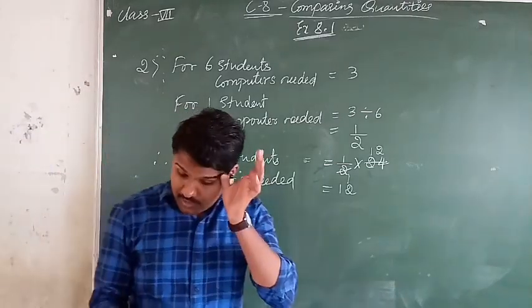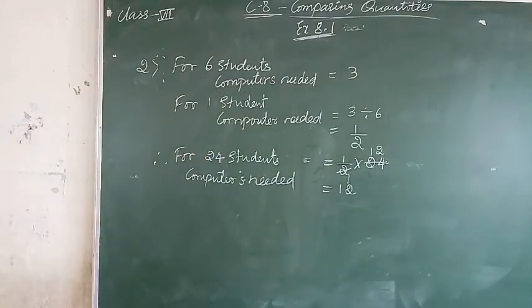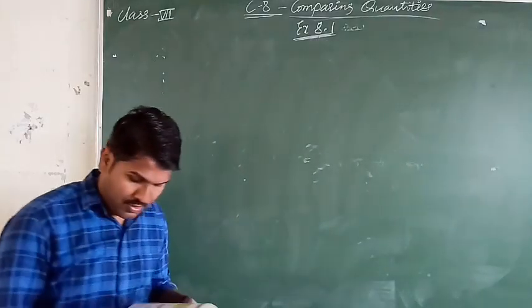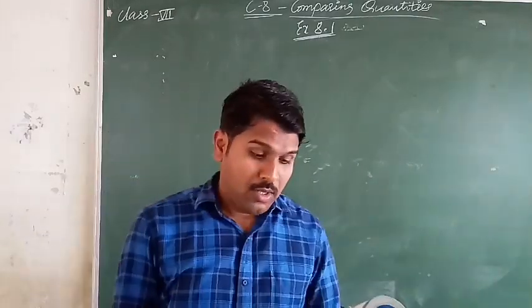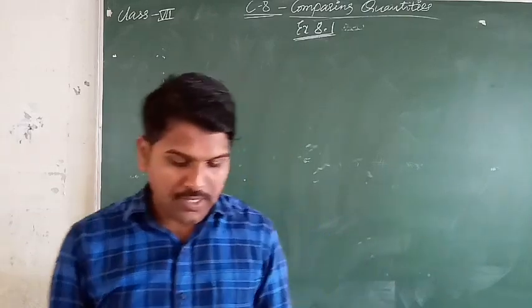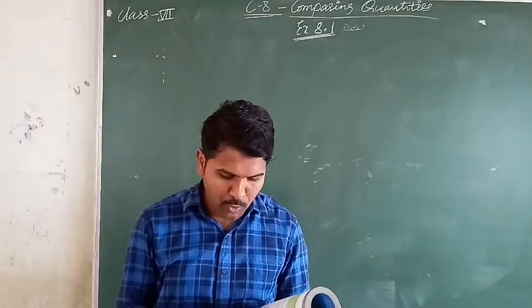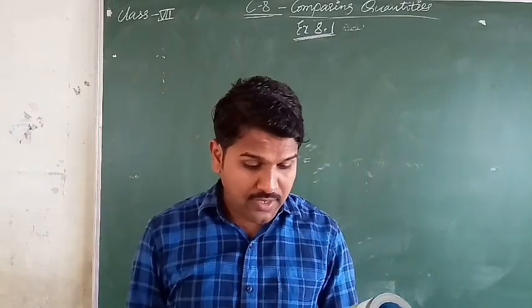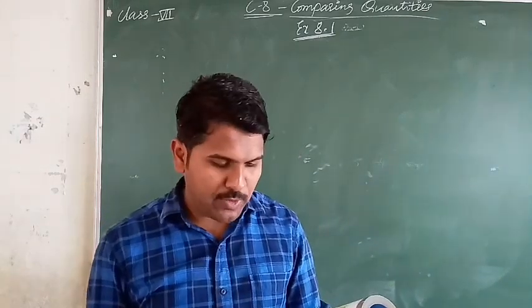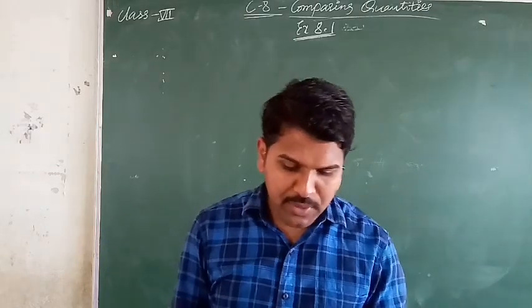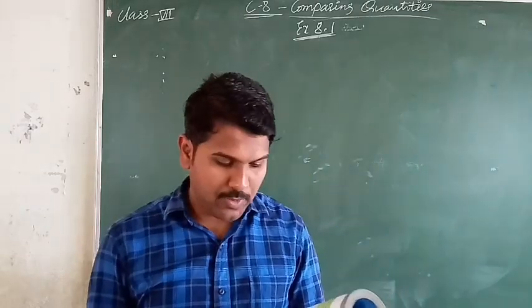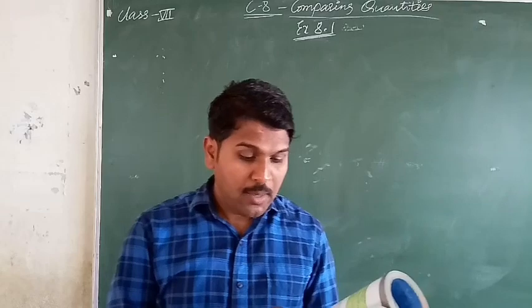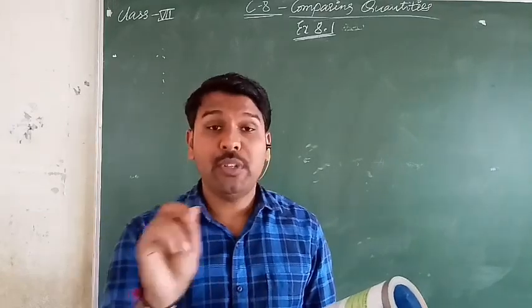Next, third one. Population of Rajasthan equals 570 lakhs and population of UP equals 1660 lakhs. Area of Rajasthan equals 3 lakh kilometer square and area of UP equals 2 lakh kilometer square. How many people are there per kilometer square in both these states?